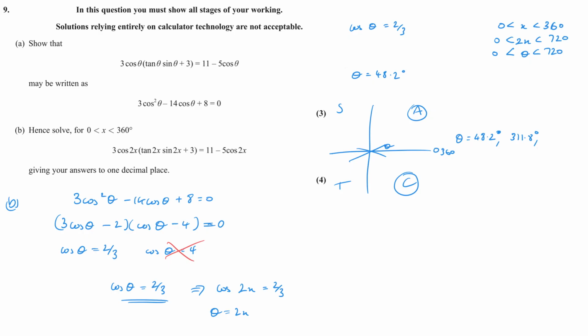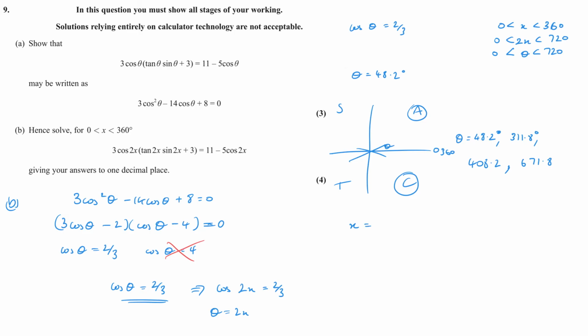And then it's going to be 360 plus 48.2, which is 408.2. And then finally 720 minus 48.2, that's 671.8.